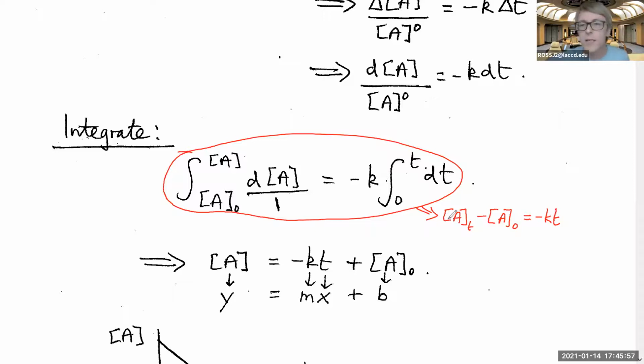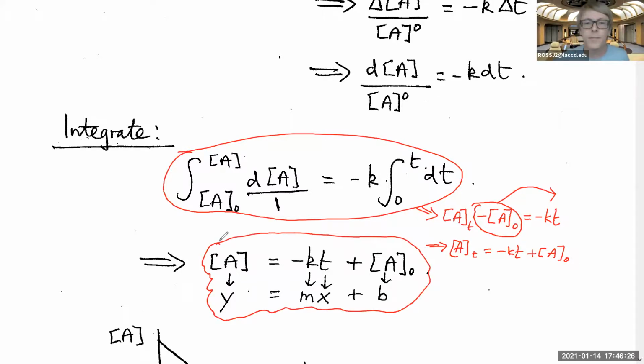So it's going to give me this. And then essentially, I just take this expression and bring it over here to give A at time t equals minus k t plus A at time 0, which is exactly this. Okay, so that's just the intermediate step.